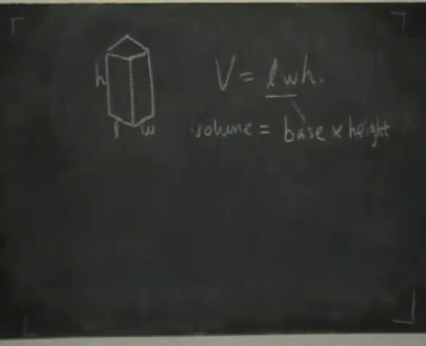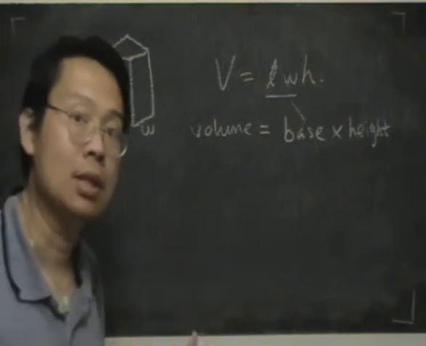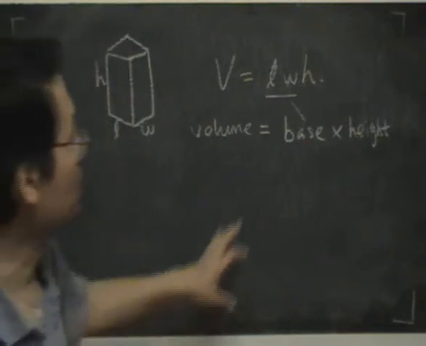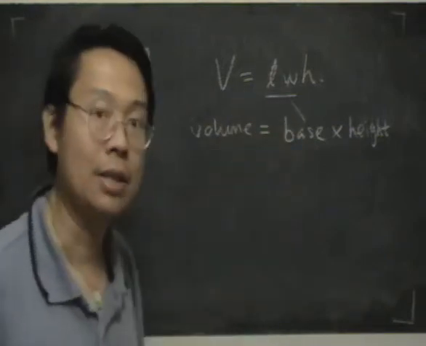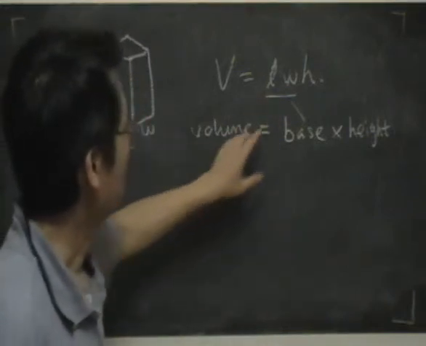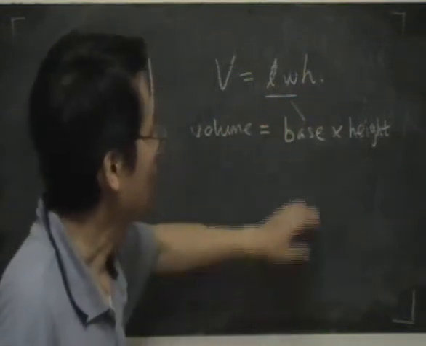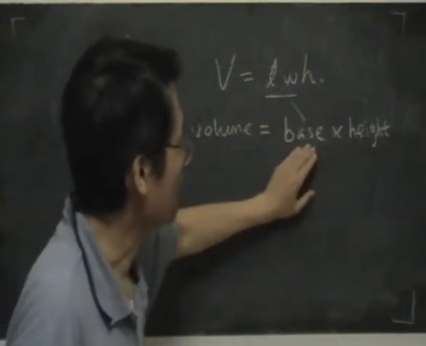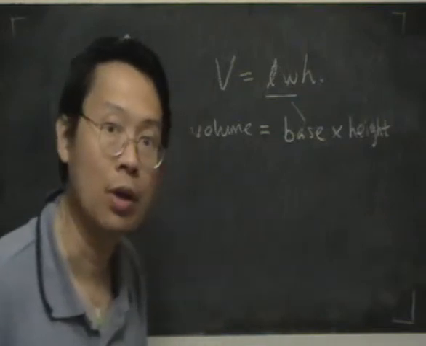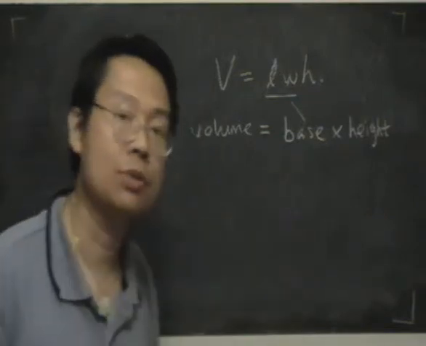What I'm doing is I'm just looking at this in another way. It's really the same idea, but instead of writing the formula as length times width times height, I'm going to write it as base times height. You will get the same answer if you use this formula.